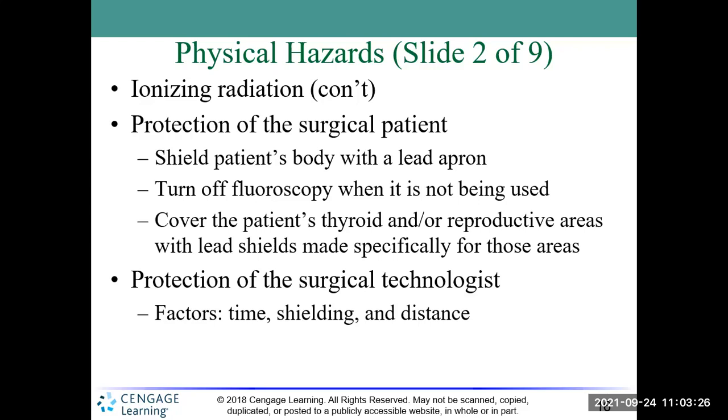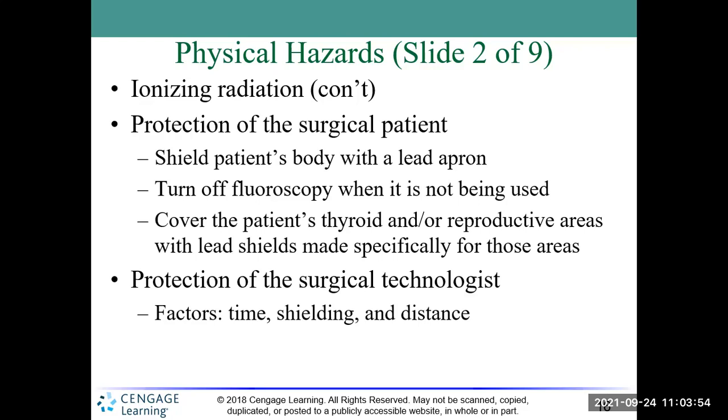It's just about getting used to that excess weight and the heat that can come from them. And a lot of this goes back to why ORs are so cold. One, you're in a lot of clothing, and it also helps with the contaminants of bacteria and such with the temperature. But it does help when you're wearing a lead apron to be in a room that is cooler.